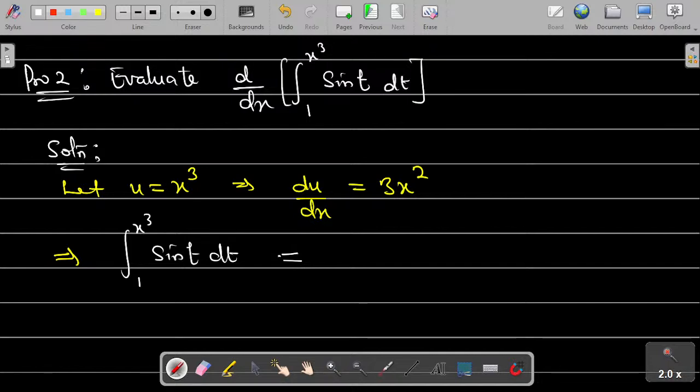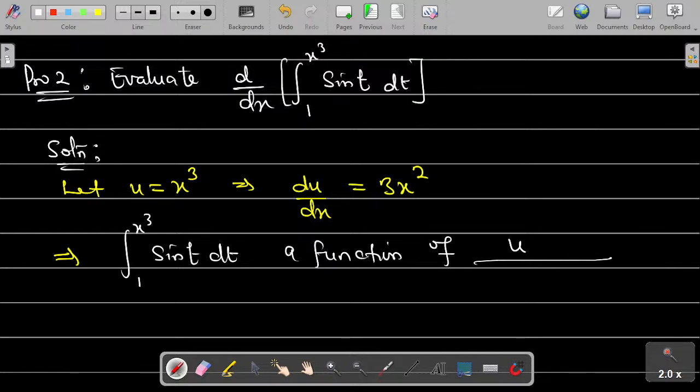So the question asks what function this will become. Of course it will be a function of u.